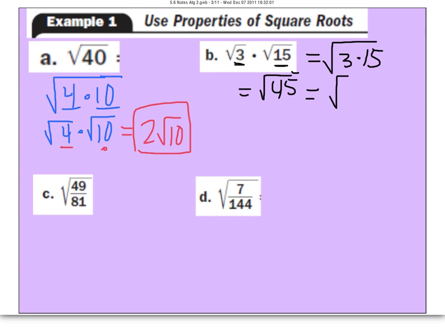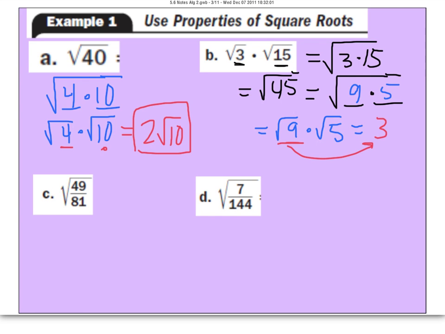However, there are two factors of 45 where one of them is a nice perfect square. If you think about it, it's 9 and 5. So now I can pull them apart and do the square root of 9 times the square root of 5. Well, the square root of 9 is the number 3, so I change it. The square root of 5, there isn't a nice one, so I keep it. We call 3 times the square root of 5 the final answer.